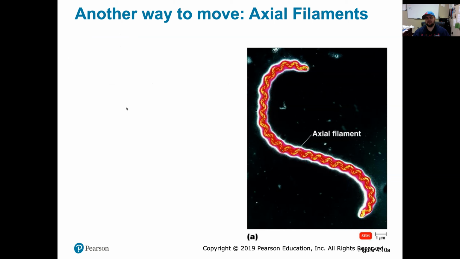Another way to move, axial filaments. Bacteria that are spiral shaped, what we call spirochetes, many of them have axial filaments. Basically, there's a filament, and it's hard to see.